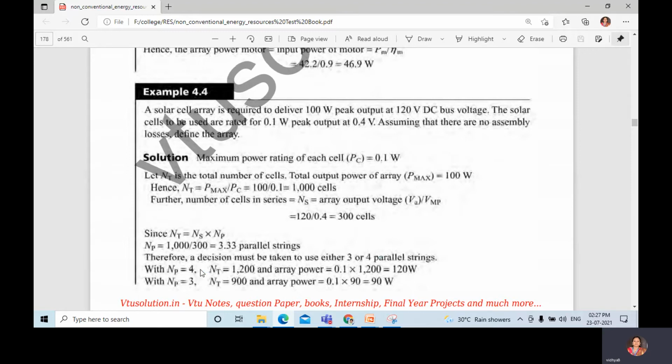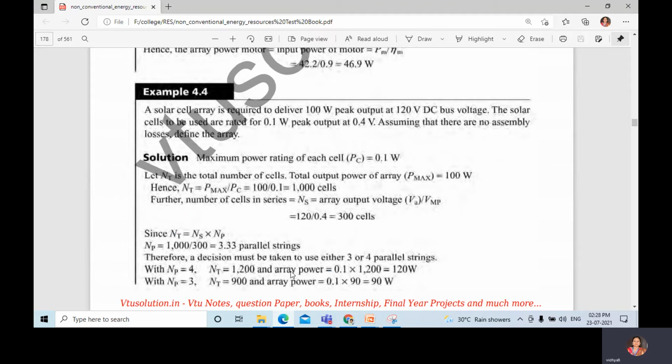With NP equal to 4, what NT will you get? NT is equal to 1200 cells. If we use NP as 4, you will get an NT value of 1200.